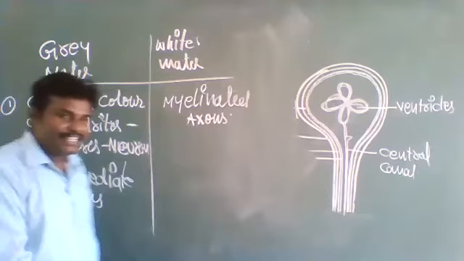Its parts are connected to various parts of the brain, spinal cord, and other regions. Axon means what? Cell body, dendrons.